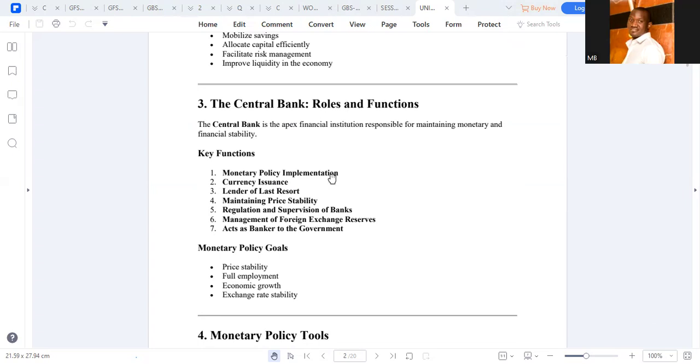The other function of the central bank is a currency issuance. So it is through the central bank that monies are issued. The central bank is known to be the lender of last resort. Maybe somebody to clarify, what does it mean when we say central bank is a lender of last resort?